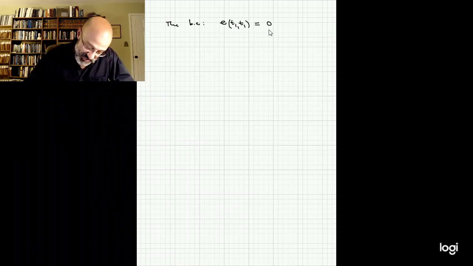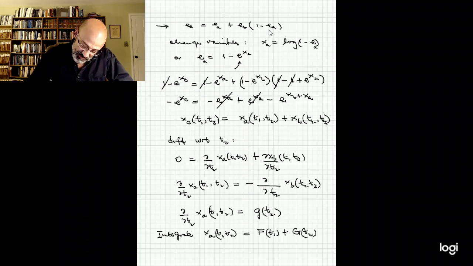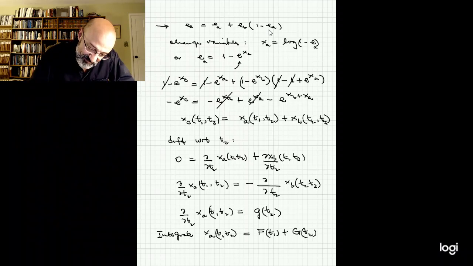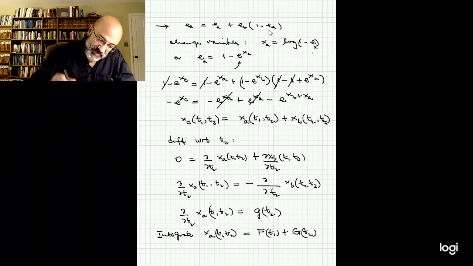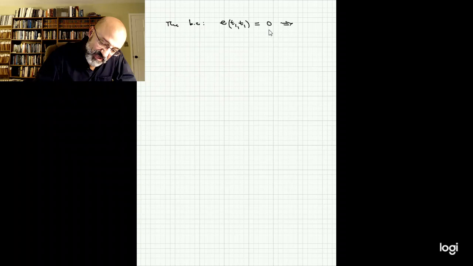So the boundary condition then is that if I were to put T1 here, which amounts to saying T1 here, if I were to go back here, the initial condition being that E is 0, 1 minus 0 is 1, the log of 1 is 0, so x equals 0. So let me go back to this. This is the same as x t1 t1 being 0.